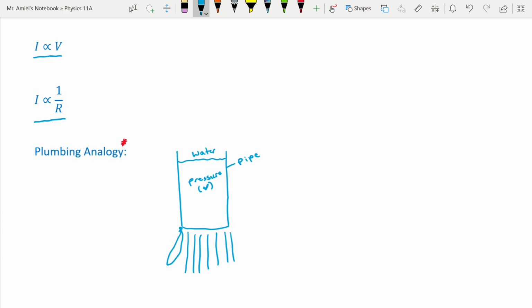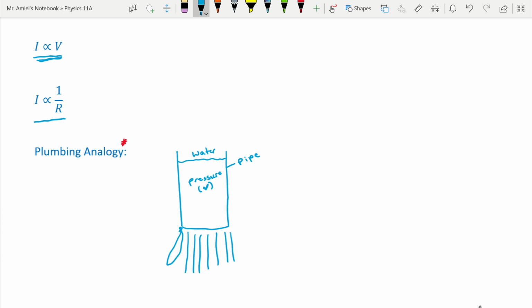Okay, and if we increase the pressure, if we jack up the pressure in our pipe here, our water is going to come out even faster. Okay, so that brings us to this proportionality here. If we increase that voltage, or in this case, if we're increasing that pressure, we're going to increase the flow, right?